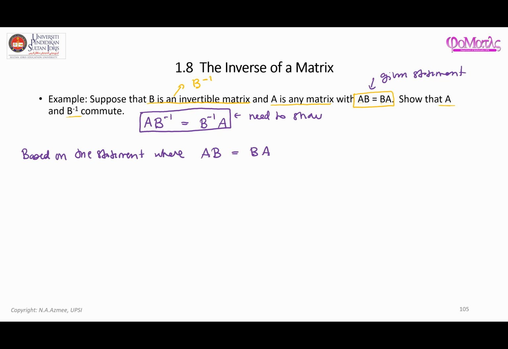what we can do is we can multiply each left hand side and right hand side with the inverse of matrix B. Okay, so that's what we're going to do.